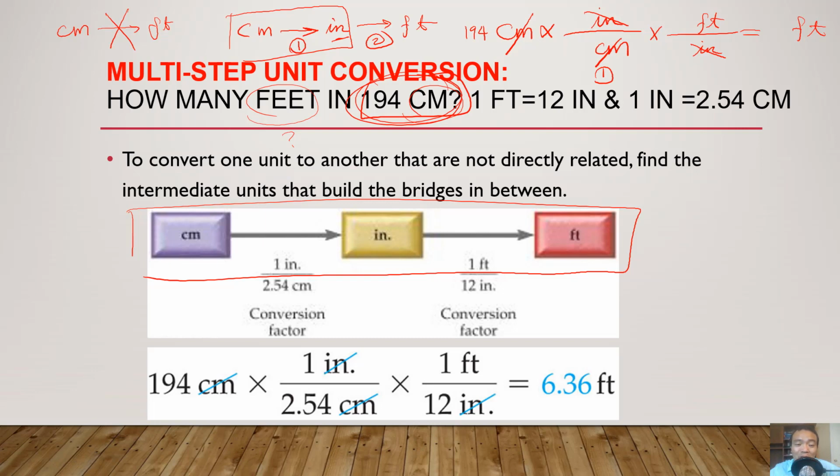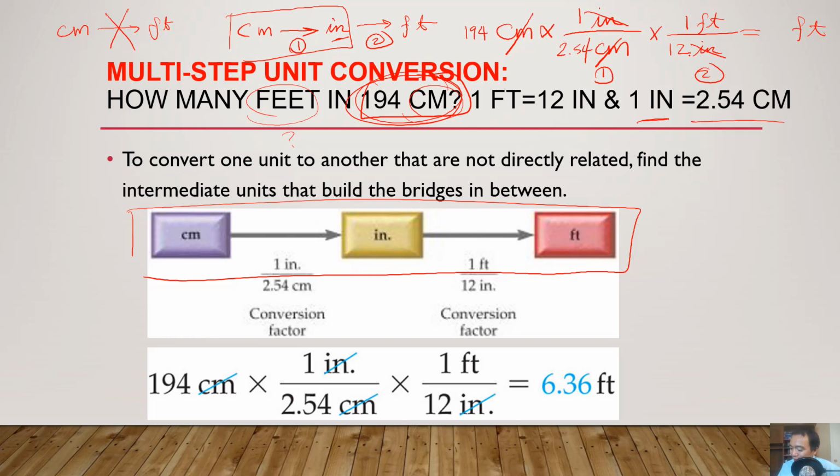It always goes by the real numerical relationship. You do know 1 inch is 2.54 centimeter. So that's why 1 is at the top, 2.54 is at the bottom. Now the second step, 1 feet is 12 inch. Okay? How do you keep the number of sig figs?